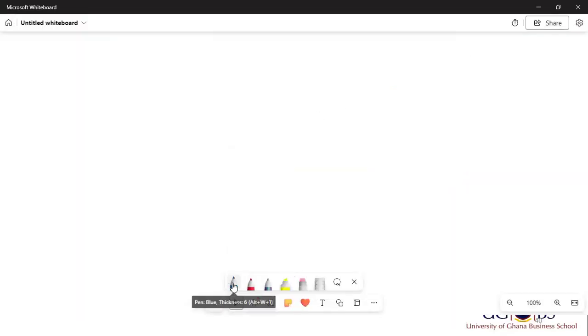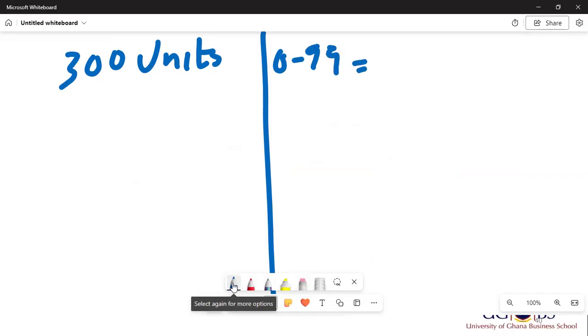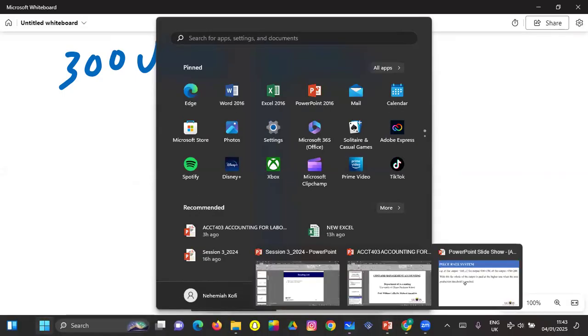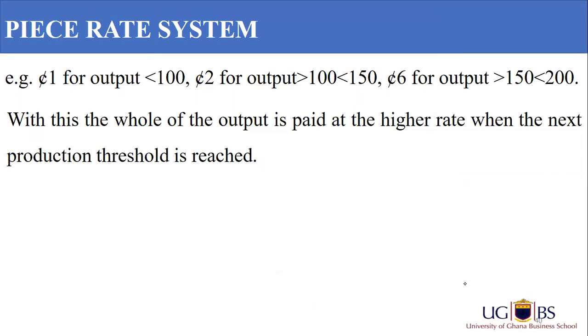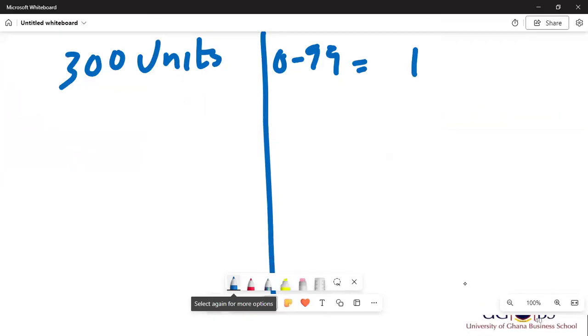Let's say you produced 300 units. And then they are saying that your first 100 units, 0 to 99, is equal to 1 Ghana cedi. You'll be paid 1 Ghana cedi.